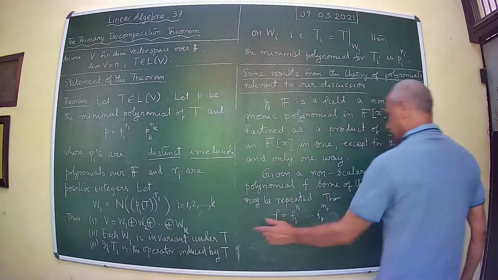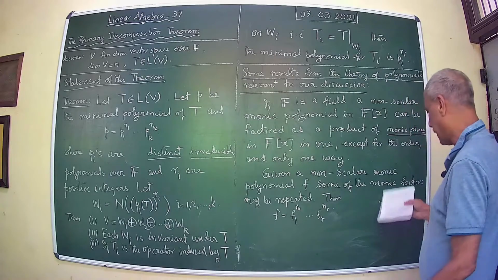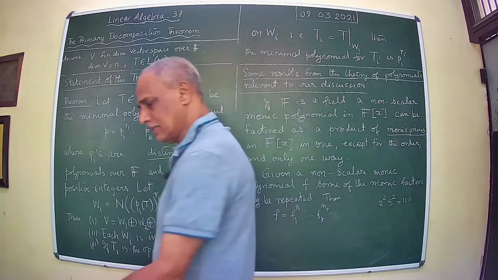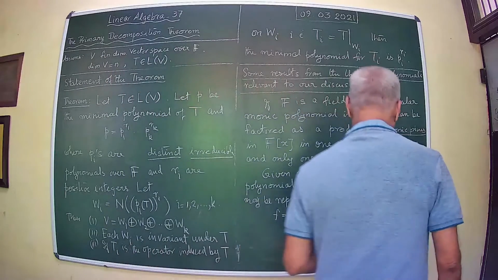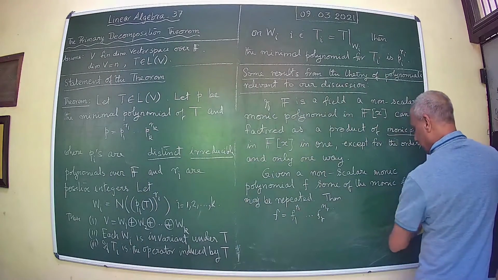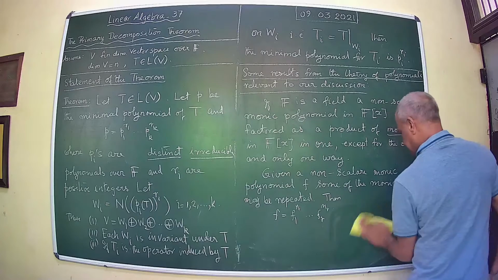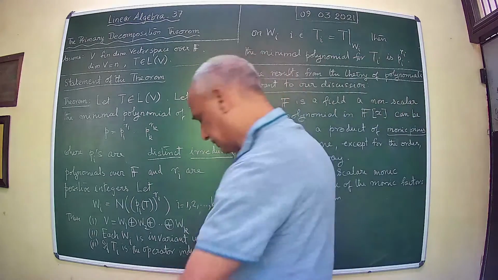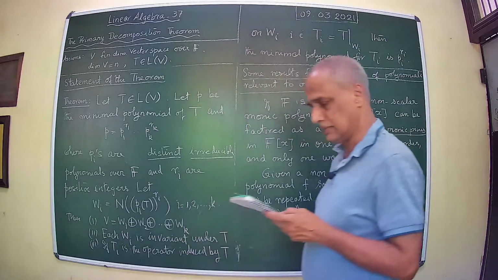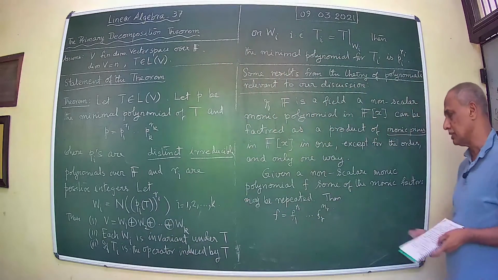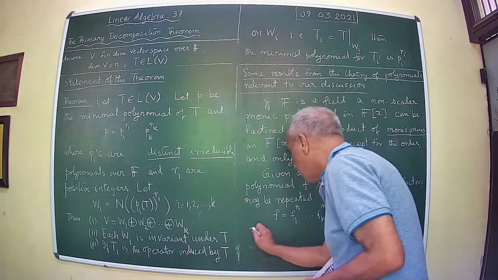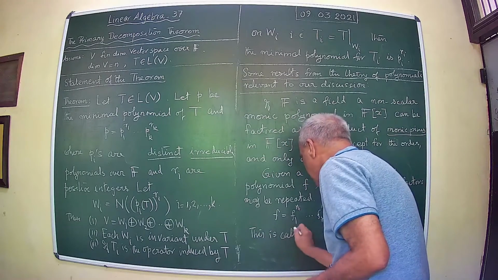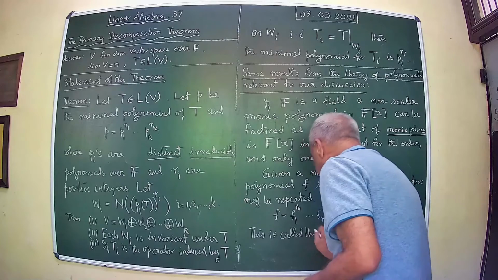There's a similar phenomenon here. The position of prime numbers is taken up by what are called monic primes, which cannot be further split in F[x]. This is something that we should realize. And this is called the primary decomposition of f.